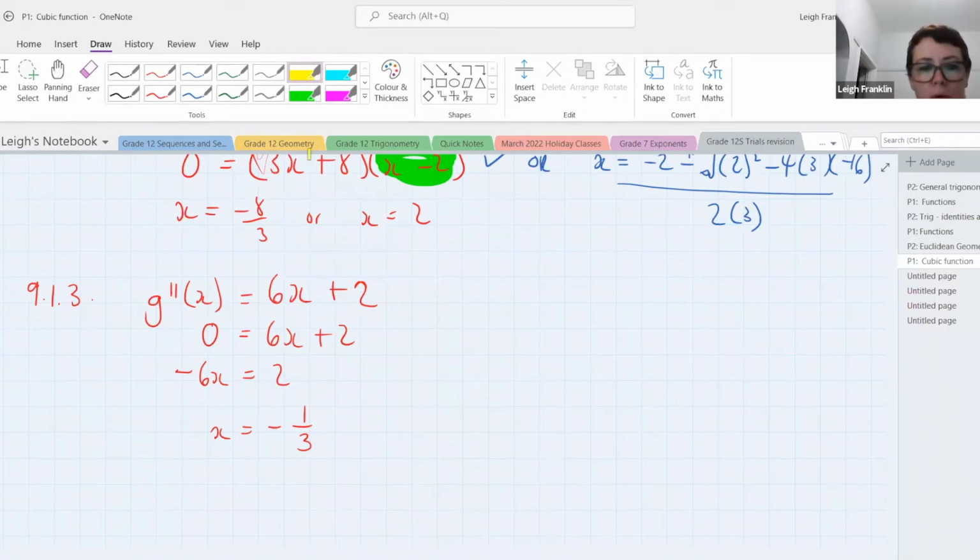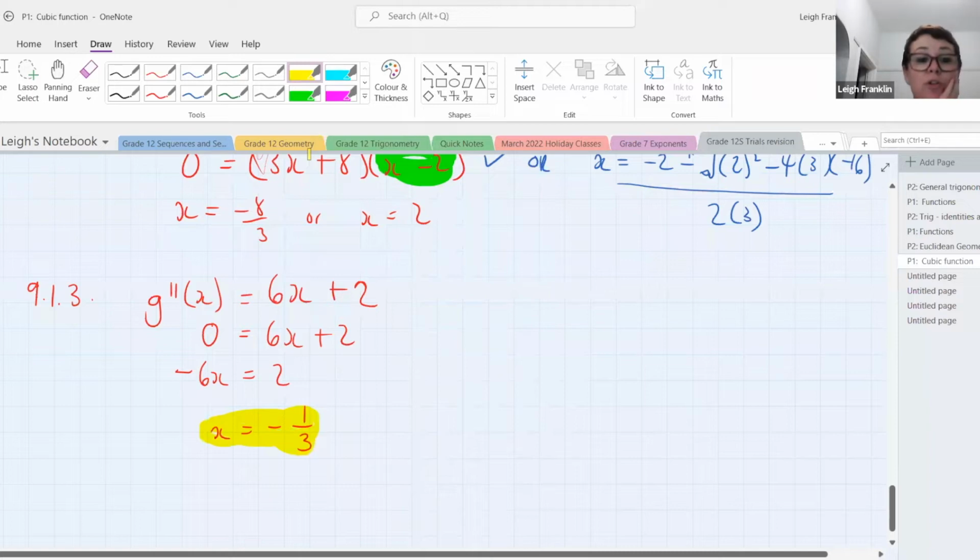Our answer tells us that it's -3 to positive infinity. Okay, so that is going from -3 to positive infinity.